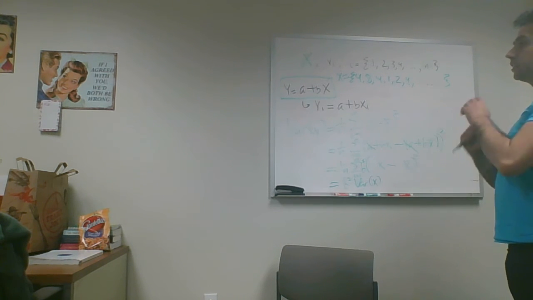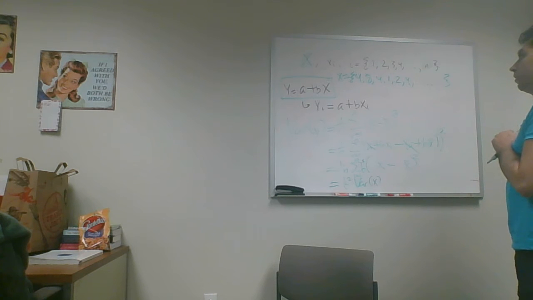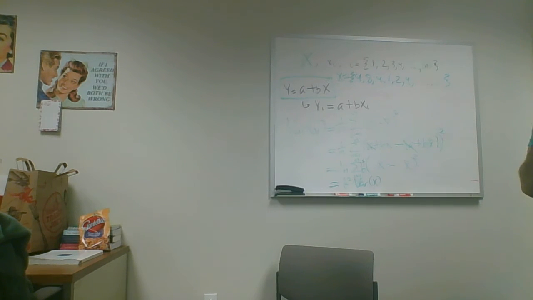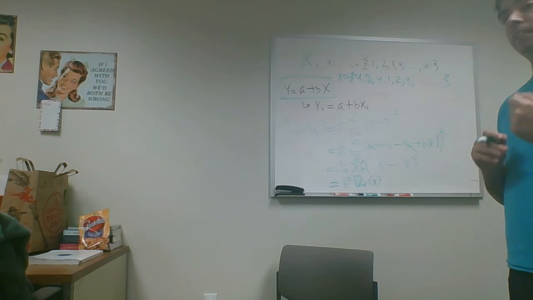So what's the point of this? Well, there are going to be some cases where it's really useful to be able to take a random variable or take a sample, do one of these transformations on it, and then use that transformed sample to explore new properties and new ideas.